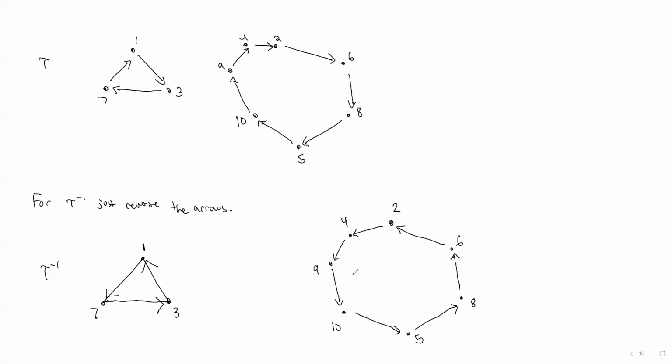Now, for each application of tau inverse, we're moving 1 step along the arrows in each of these cycles. So tau to the negative 500 is 500 applications of tau inverse, which means move 500 times along the arrows in each cycle.